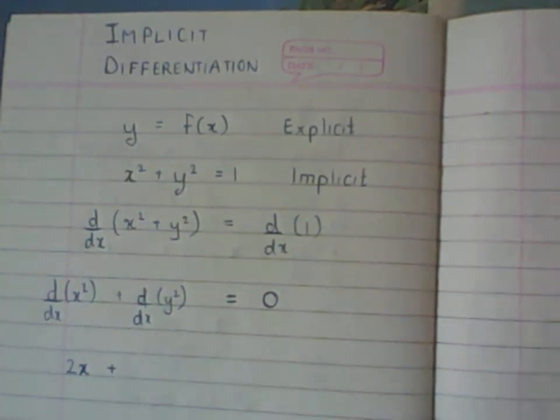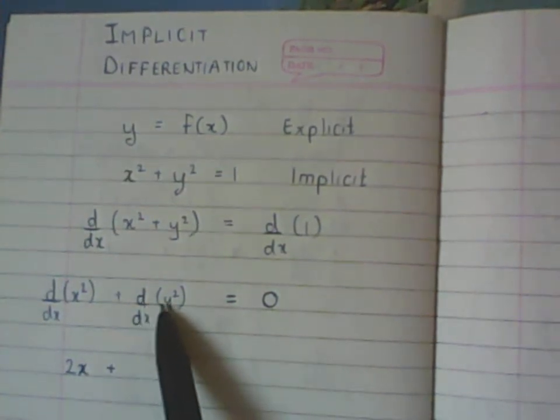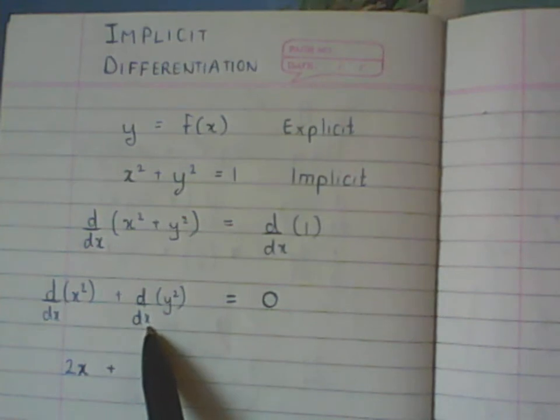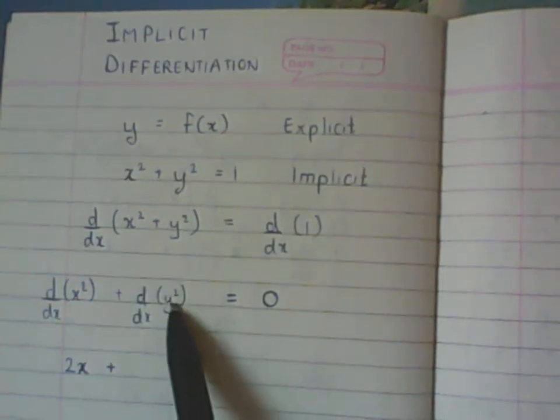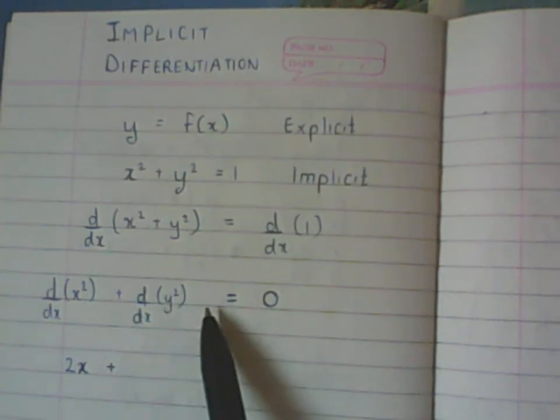Plus this is the derivative of y squared with respect to x. Now y, if we assume it to be an implicit function of x, then I can use the chain rule here to first find the derivative of this with respect to y, and then multiply it with dy by dx.